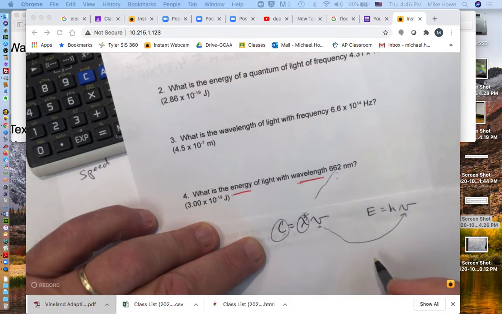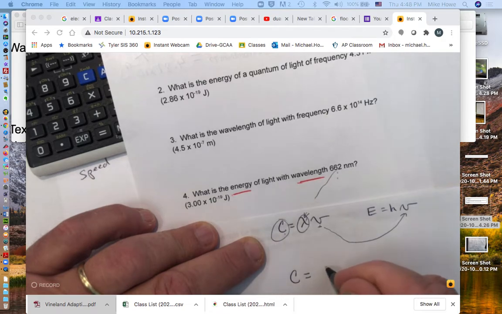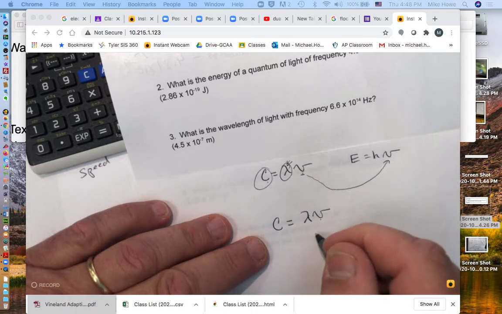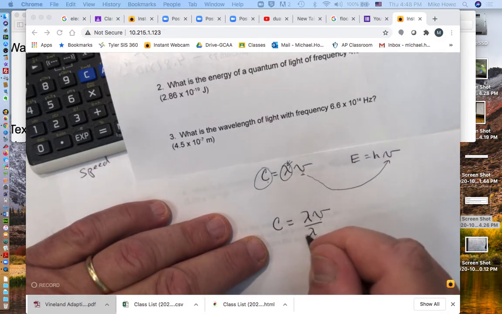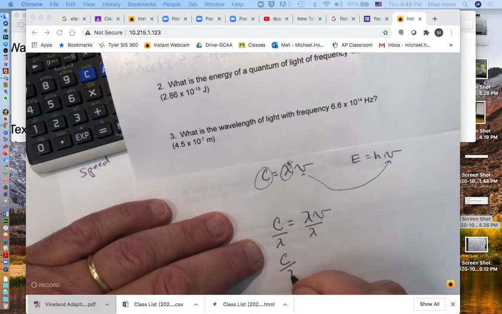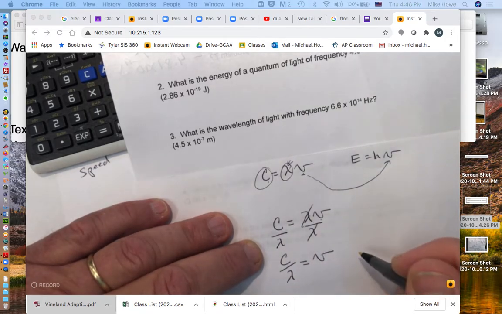Another way to do it is if you know that c is equal to wavelength times frequency, you could rearrange this equation to figure out what frequency is. So we could say that if we divided both sides by wavelength, that c divided by wavelength is the same thing as frequency, because over here they'd cancel out.